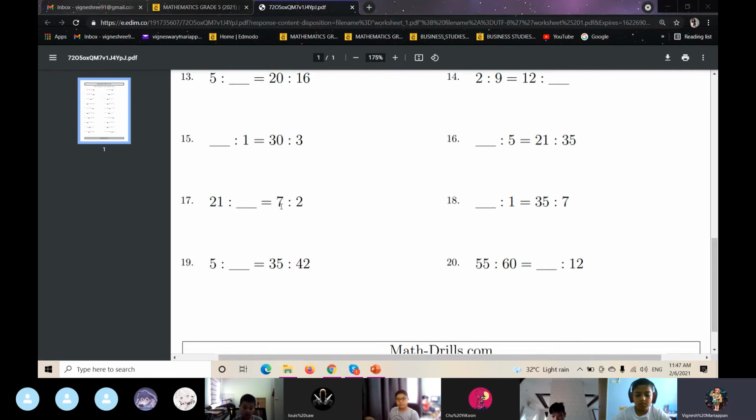You can see the second factor or not? 5 and 35. So what do they do? 5 multiply 7 to get 35. Very good. And then you get the answer 21 some more. So you have to divide with 7. 35 you divide with 7, you get 5. And then 21 you divide with 7. What is your answer? 3. Yes, your missing number is 3.